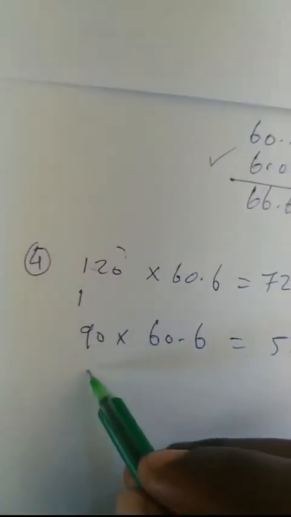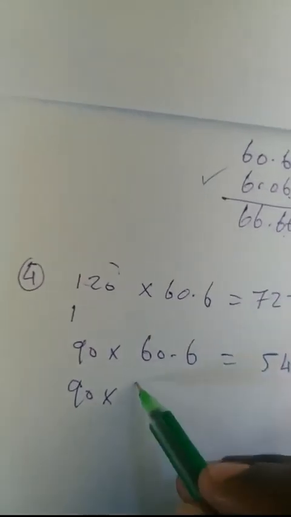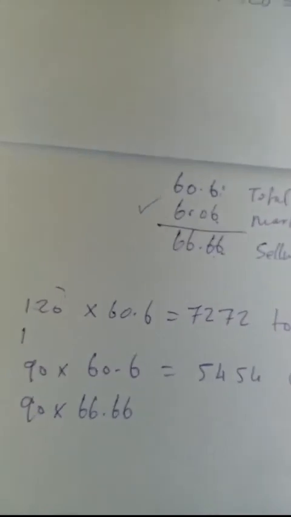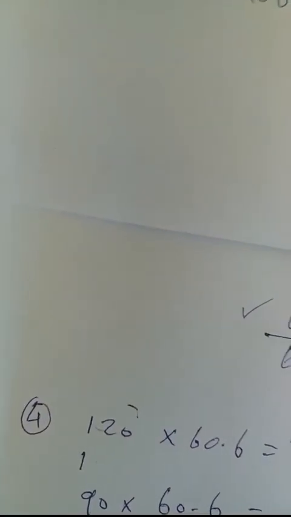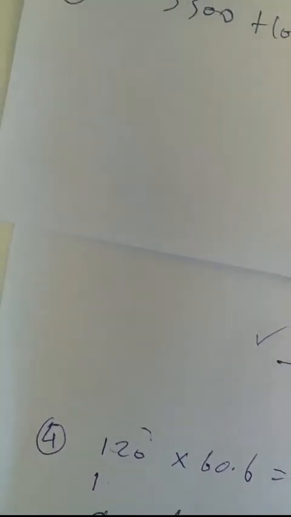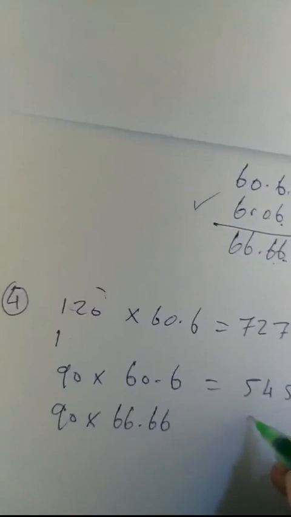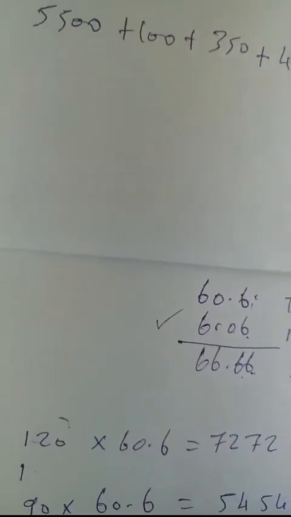Now these same 90 units, if we sell them at 66.66, how much did we make? 66.66 by 90 gives us 5,999.4.